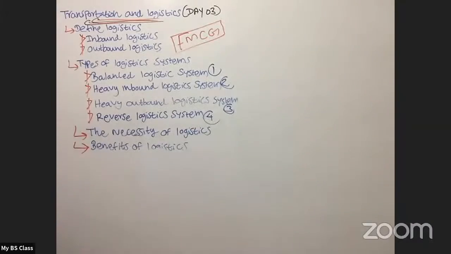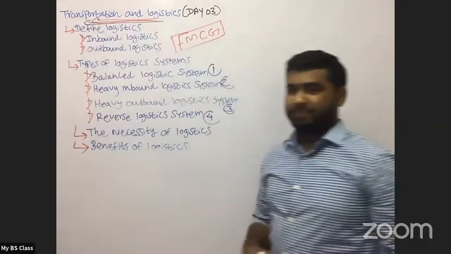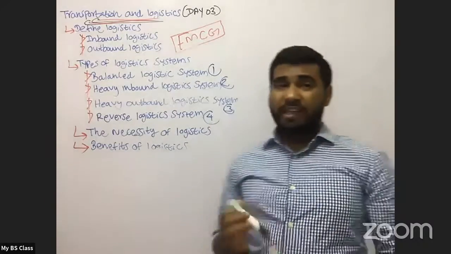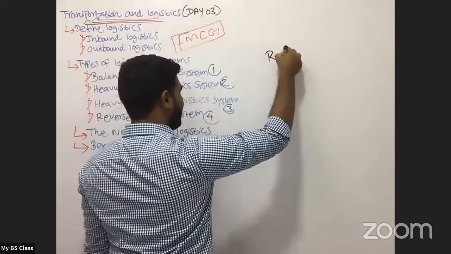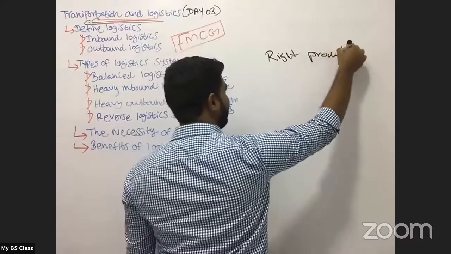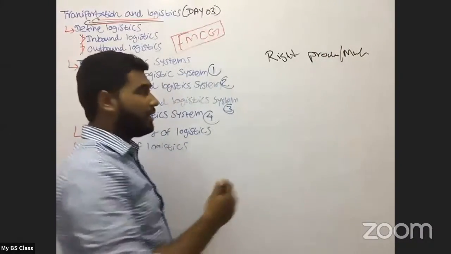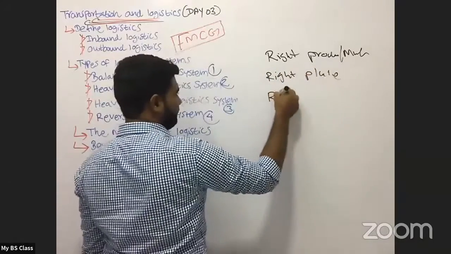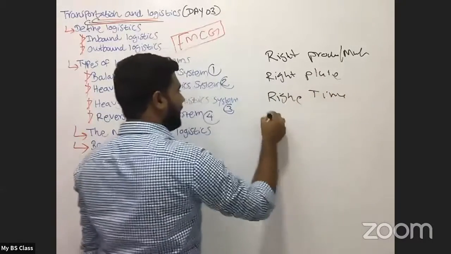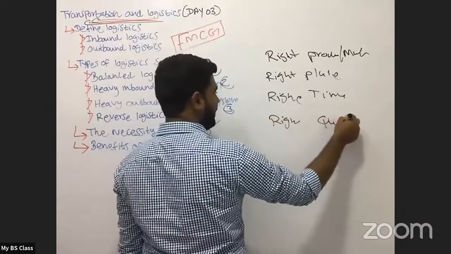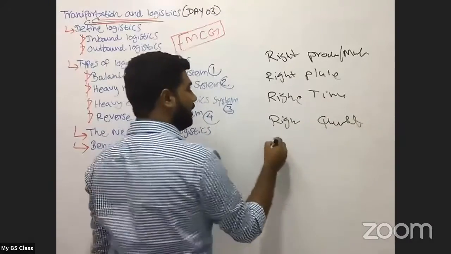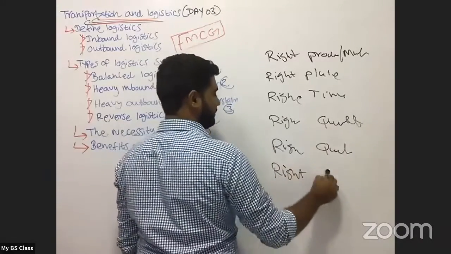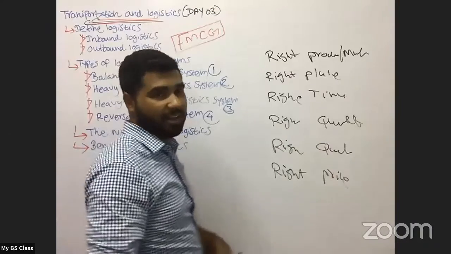Right. Now, what is the necessity? A proper logistic system is needed for a lot of reasons. To get the right product, or right material, to the right place at the right time, right? At the right quantity. You can't bring less. The quantity may be there but the quality may be lacking, so the right quality. So with the right price, there are several rights.